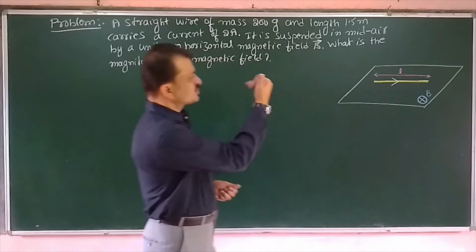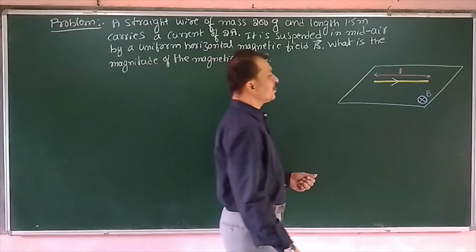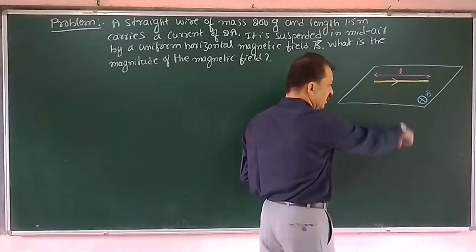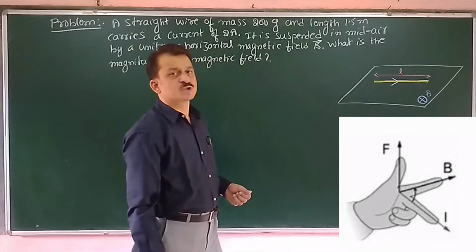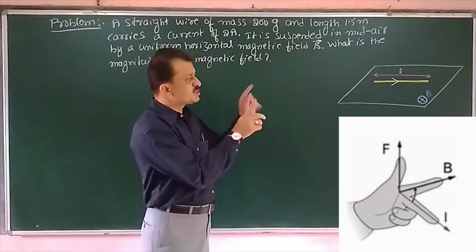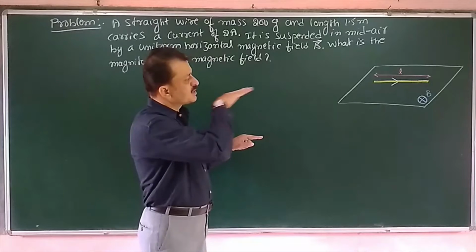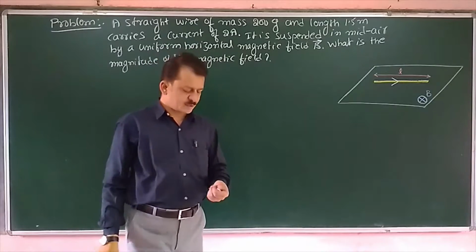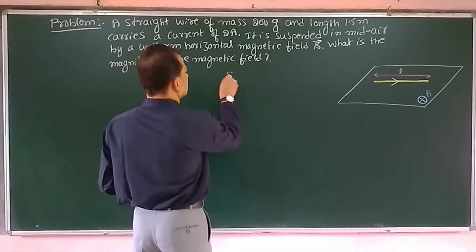Since it is suspended in mid-air, the weight is acting downwards and obviously this magnetic force is acting upwards, and these two are equal and balanced. Since it is balanced, it is suspended mid-air. That is the logic. Now we will work out the solution.